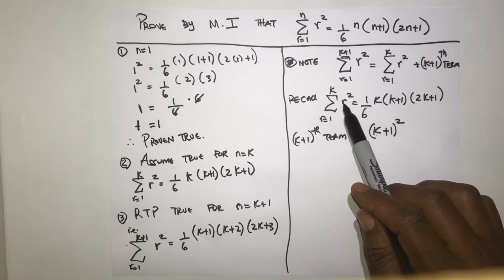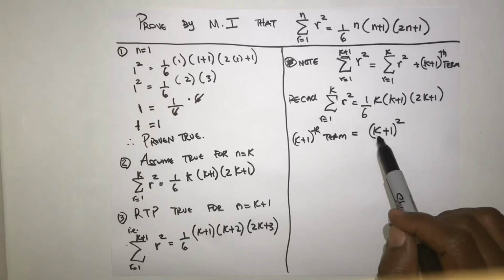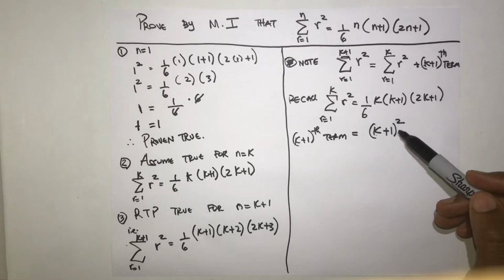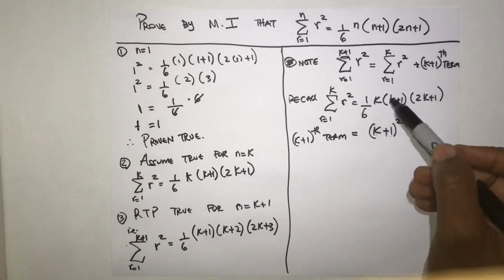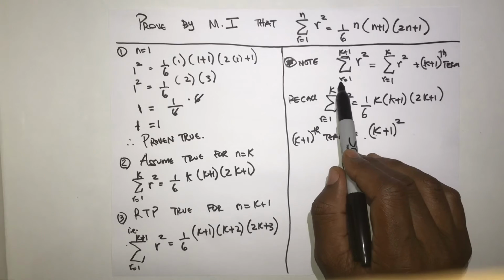When r is equal to 1, the first term is 1 squared. When r is equal to 10, the 10th term is 10 squared. So the k plus 1th term would be k plus 1 squared, right?